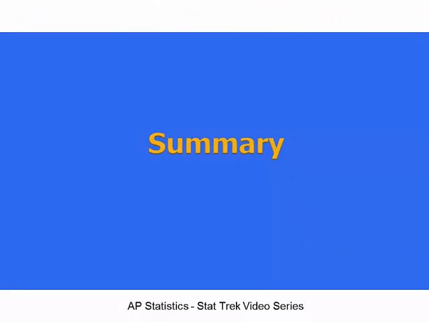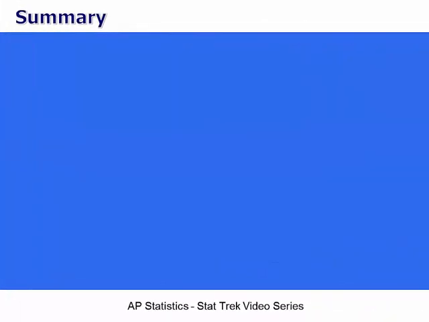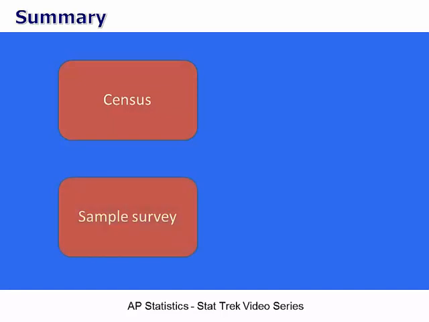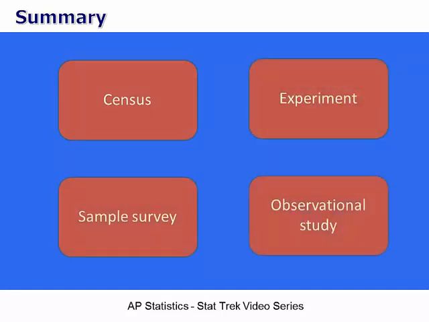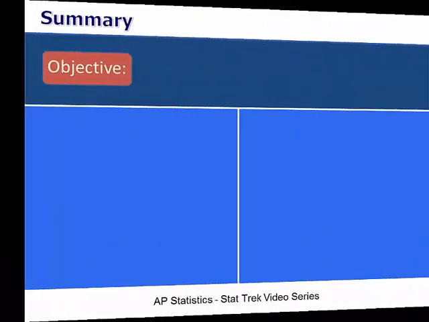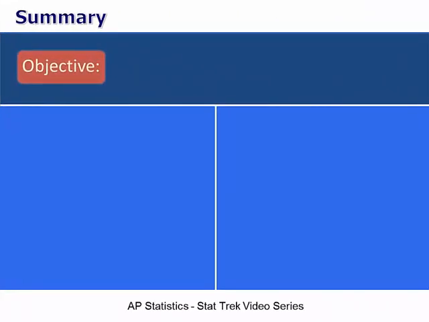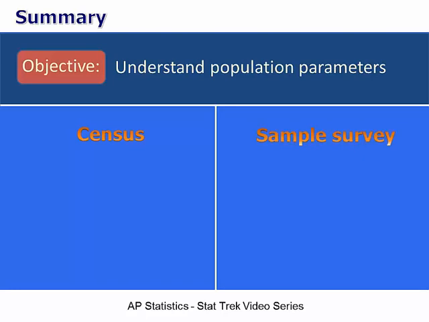Let's summarize. In this lesson, we talked about 4 methods of data collection: the census, sample survey, experiment, and observational study. Researchers often use the census and sample survey to understand population parameters. A census obtains data from every member of the population.